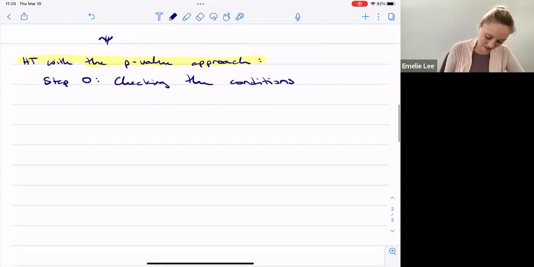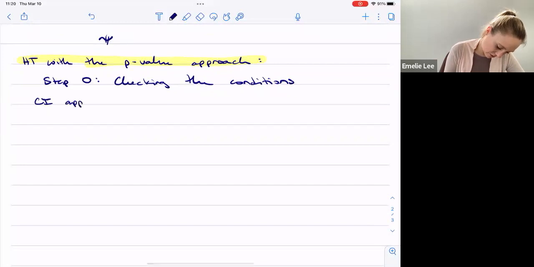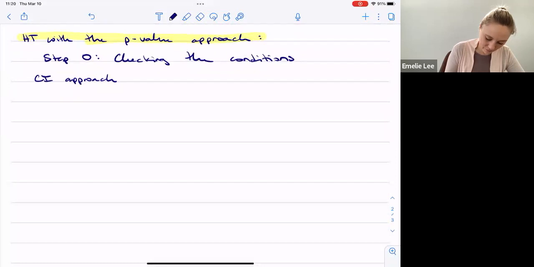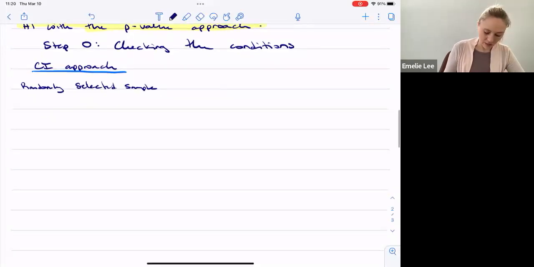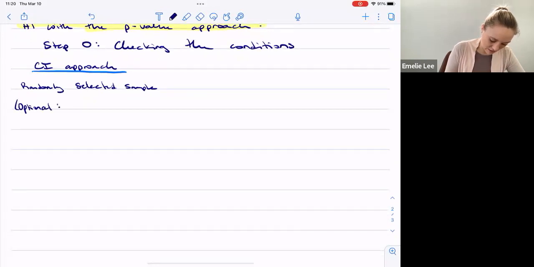And so for the conditions, for the confidence interval approach, just for a recap, we had to have a randomly selected sample. And the optional one was that N had to be less than 10% of the population.